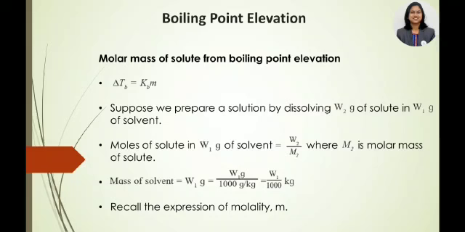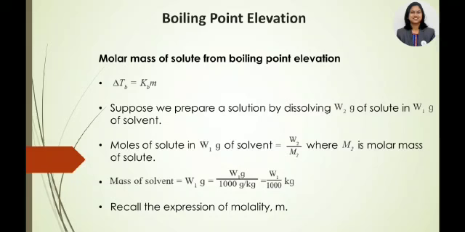So delta Tb is equal to Kb m. Suppose we prepare a solution by dissolving W2 grams of solute in W1 grams of solvent. Moles of solute is equal to W2 upon M2, where M2 is the molar mass of the solute.